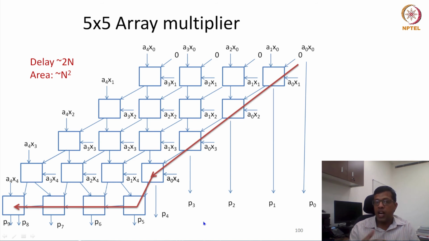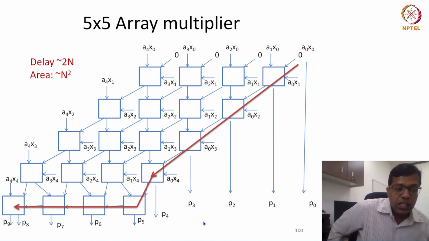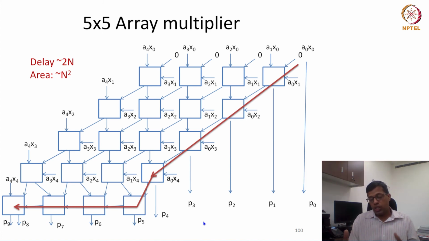So I can divide this into two stages, one where I am adding the partial products, and a second where I am propagating the carry and calculating the final sum. Creating this multiplication as a two-stage multiplier also helps in something called pipelining, which we'll understand a little later, but it would help us break this multiplier into two stages which are almost equal in delay.